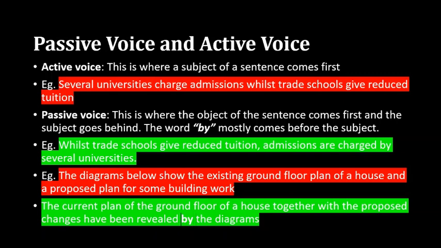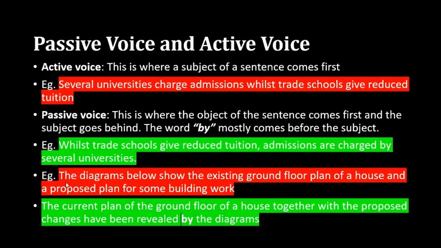The "whilst" coordinates the several universities' admissions and the trade schools. Okay, so if you have these coordinating words or adverbs that you are using, make sure to bring your comma, and then the other ones will follow.